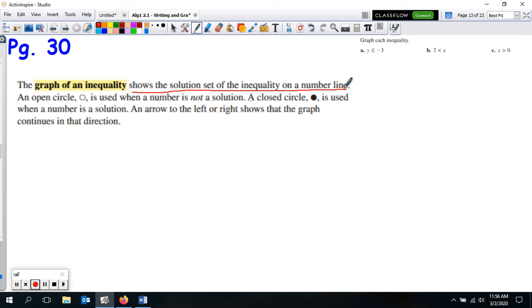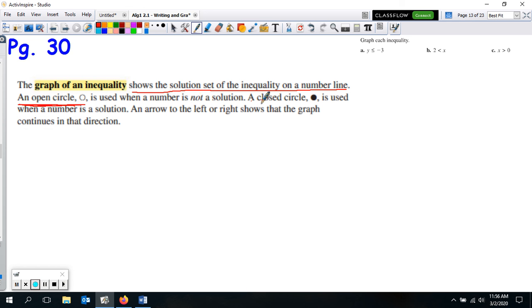Now it's going to use two different types of holes because we have two different types of symbols. You have greater than or less than symbols, that's one type, and then you also have the ones where they're also equal to. If it's not equal to, you're going to use an open circle like this right here. That's used when the actual number is not a solution.